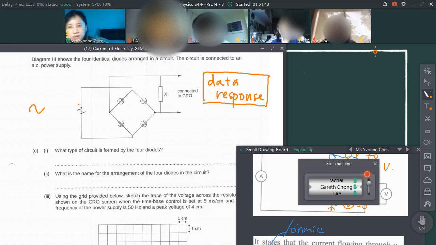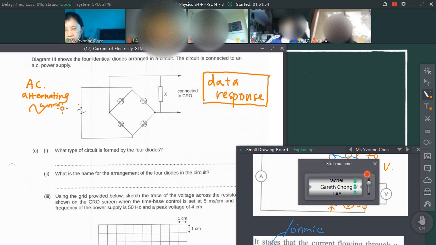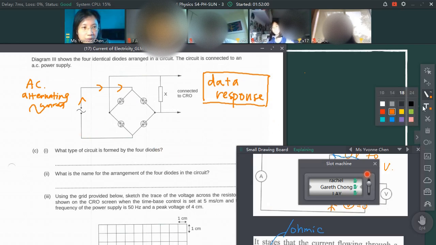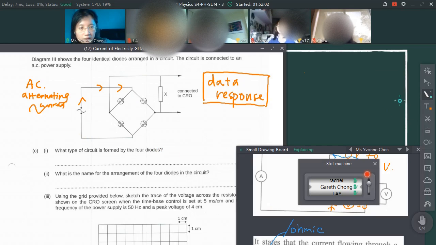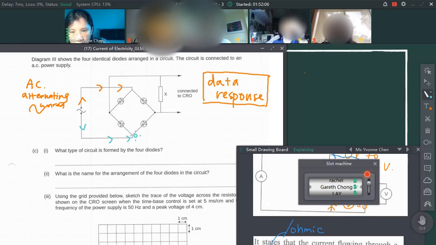What does AC mean? AC stands for alternating current. So it means sometimes the current flows in this way, and sometimes the current flows in the other way. So let's say current flows in the blue direction. Coming to this junction, can the current go up?